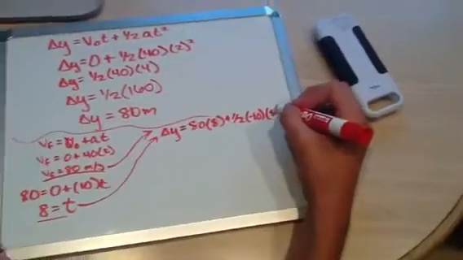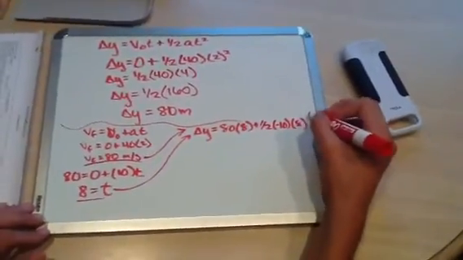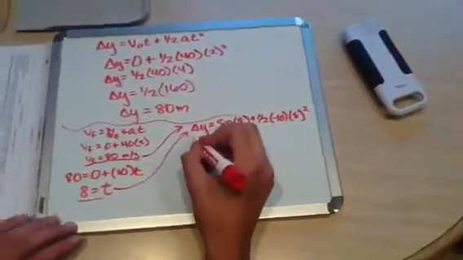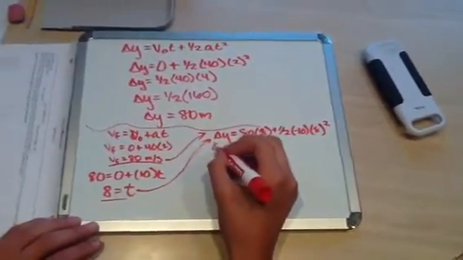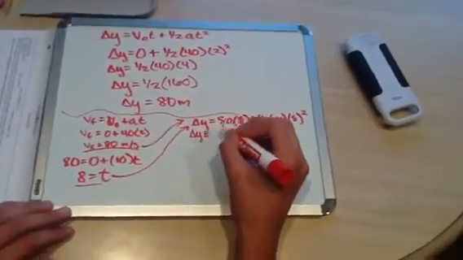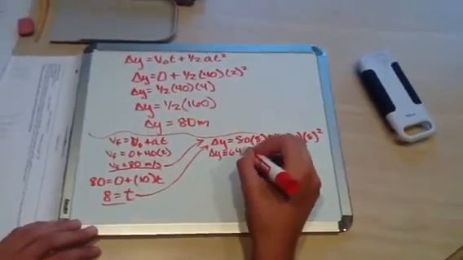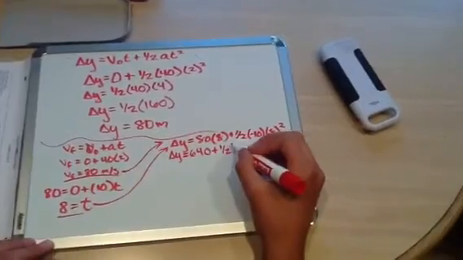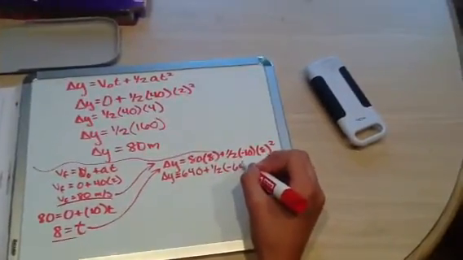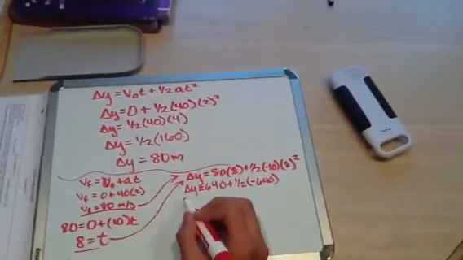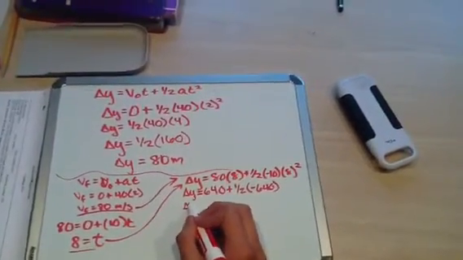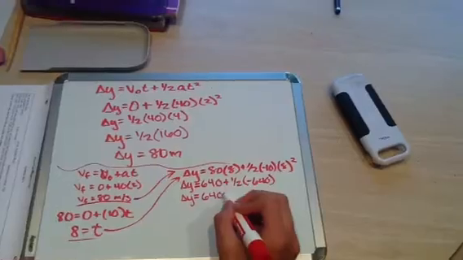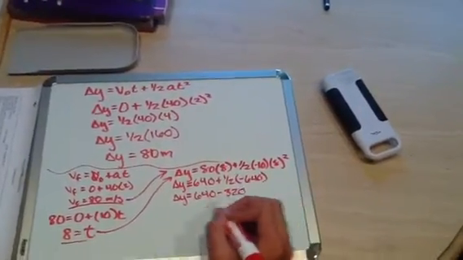And it's negative because it points downward, the opposite the direction of motion. And now we just solve for the distance. So what we get is 320 meters.